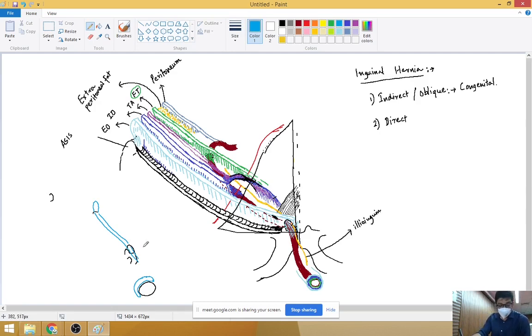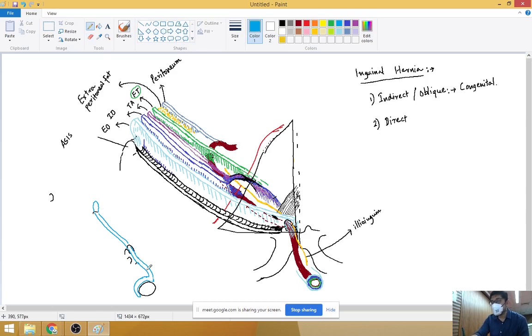But if the rest is present, it usually happens with the indirect hernia, because this is the passage from where the testis was originally coming. So this leads to a congenital condition where there is an indirect inguinal hernia.